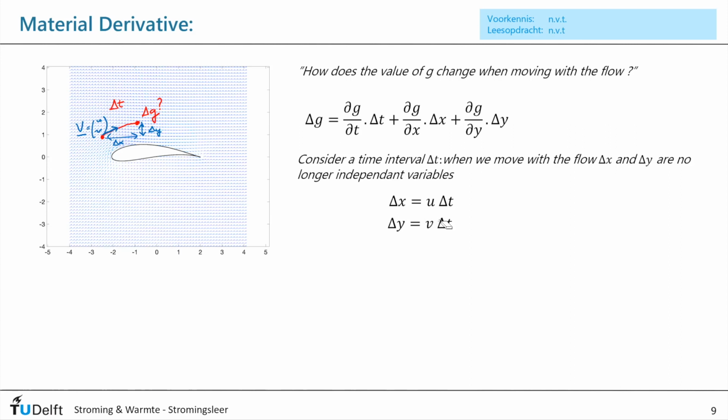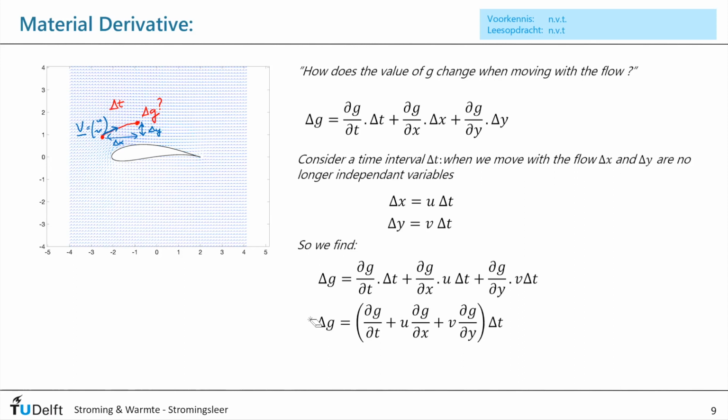I can now substitute these expressions into the expression of my linear approximation, and I get that delta g is equal to this expression here. And it's important to note here that the only independent variable now is delta t. I can factorize this delta t and simply write that delta g is a linear function of delta t, and my derivative is now this number.